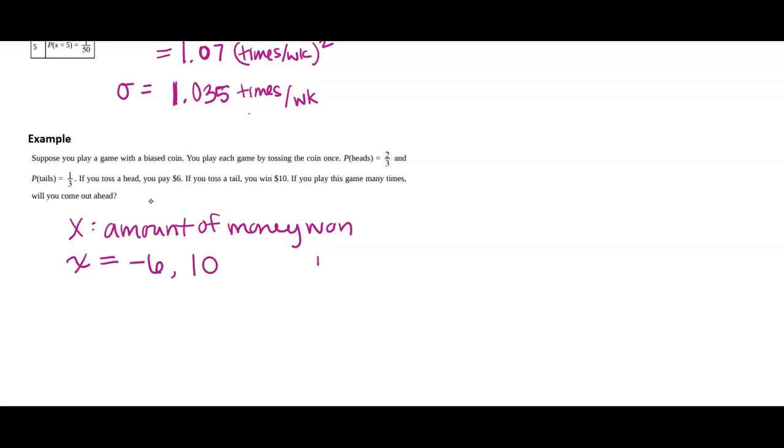And those are really the only two outcomes of X. So if you toss a heads, then you lose $6, versus a tails means that you win $10.